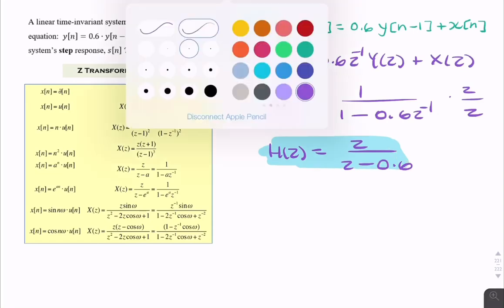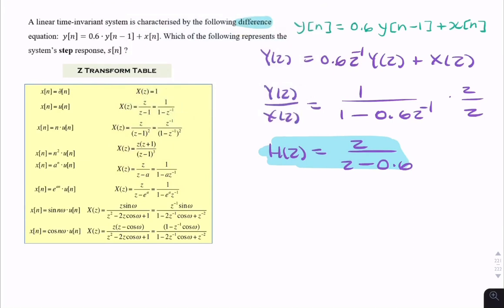Now the question is asking for the step response. If the input was X(z), the output would be Y(z), and that Y(z) would be equal to the product of the transfer function and the input.